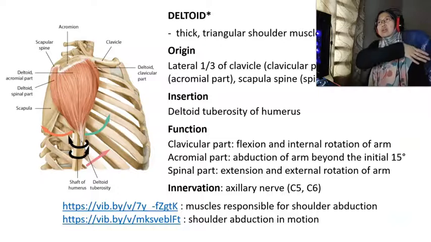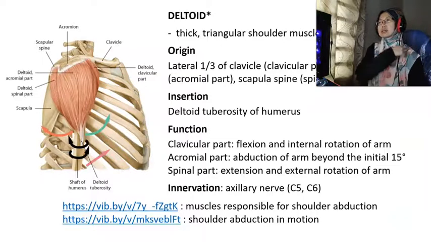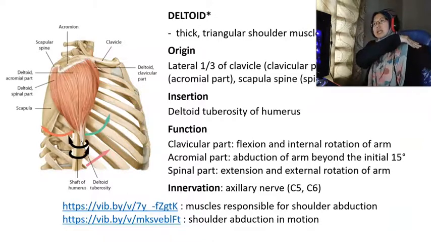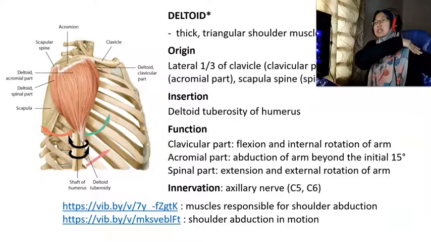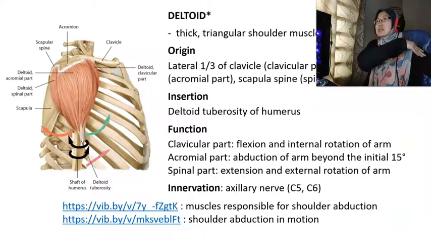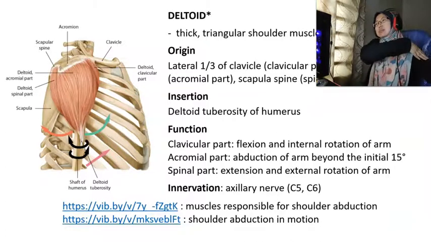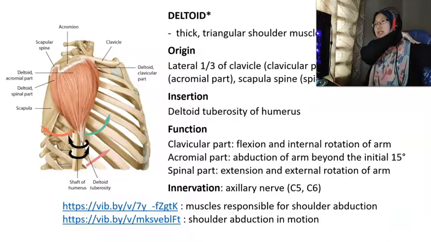For the acromion part, the tip here, it abducts beyond 15 degrees. The first initial 15 is from supraspinatus. Then beyond 15 to 90 is deltoid, it abducts beyond 15 degrees.